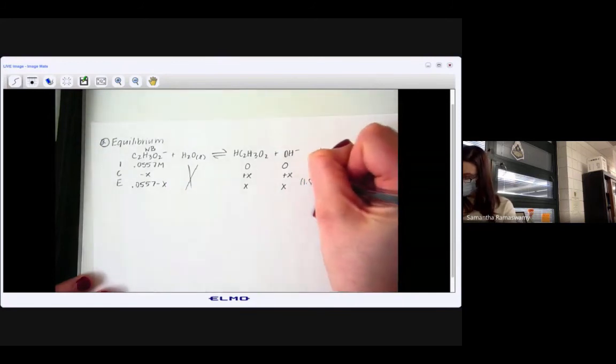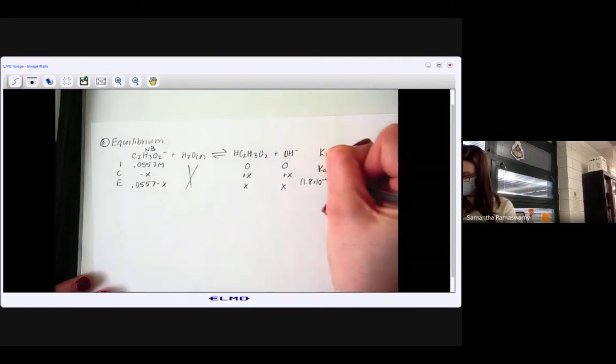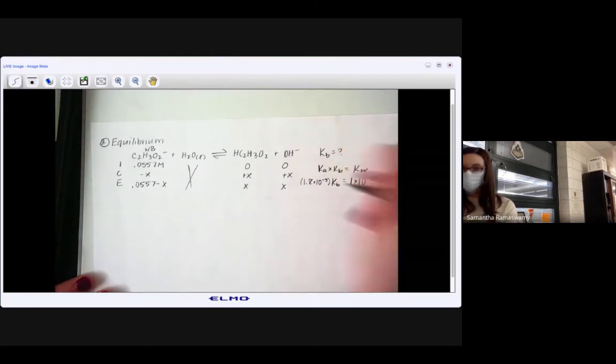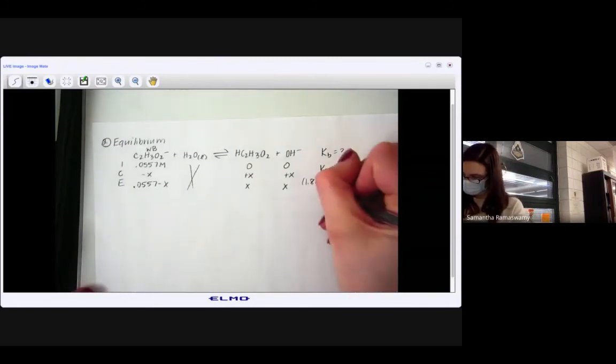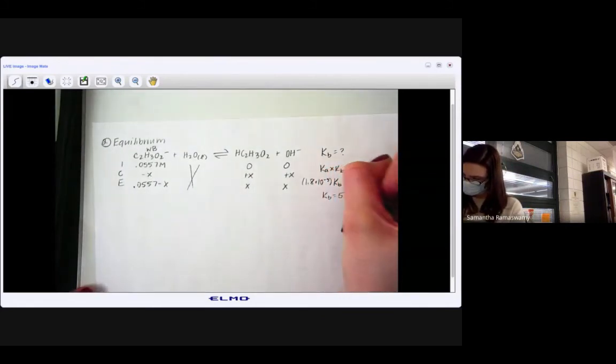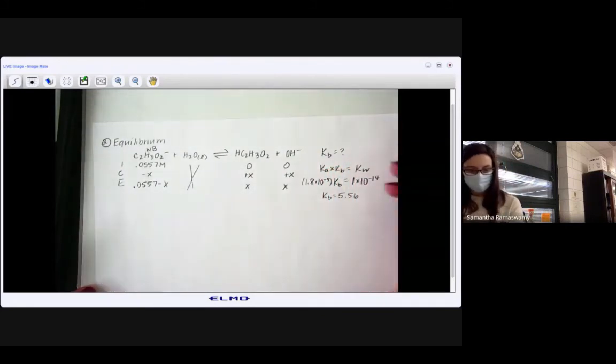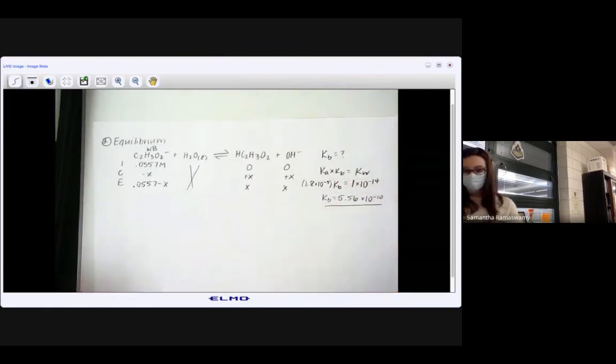We know from before, at the very beginning of this problem, Ka was 1.8 times 10 to the negative 5th. Because we're looking for the Kb of the conjugate base, we can use Ka times Kb equals Kw. So Kb is 5.56 times 10 to the negative 10. And now we can go through and do the calculation.